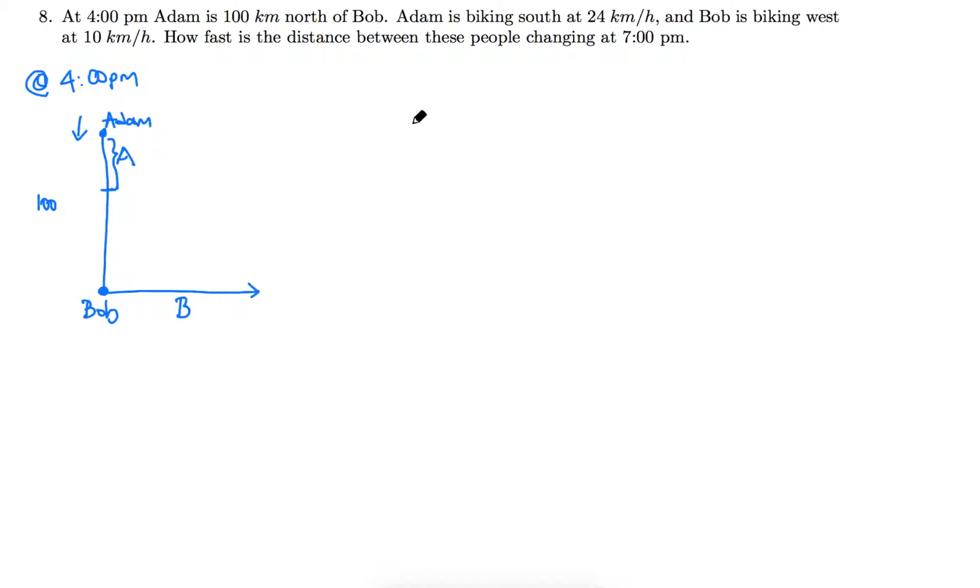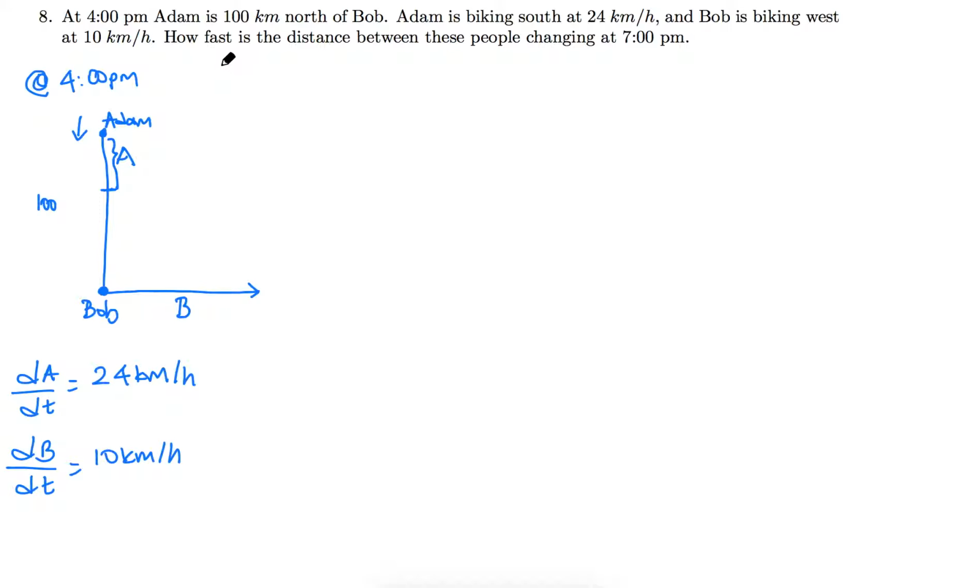And we're given the derivative of A with respect to time, velocity of Adam, that's 24 kilometers per hour. And Bob's velocity is 10 kilometers per hour.